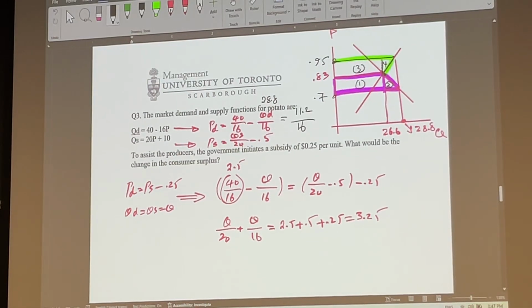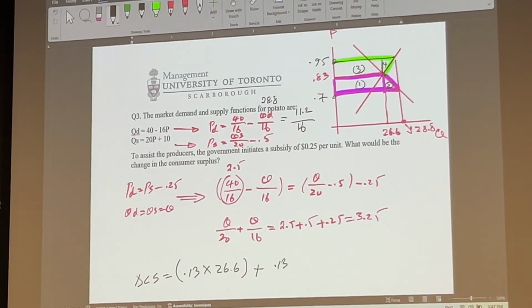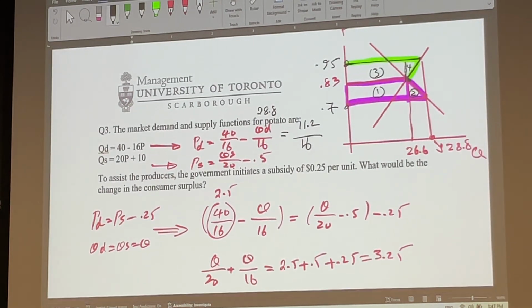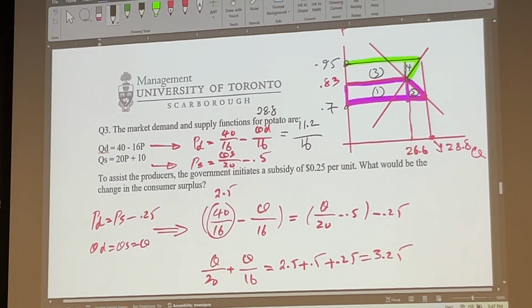Anyway, the change in the consumer surplus is 1 plus 2. 1 is 13 multiplied by 26.6. 2 is 13 cents multiplied by 2.2 divided by 2. I'm not sure, that's rounded a bit. Is it 28.8 or 28.9? 28.9.